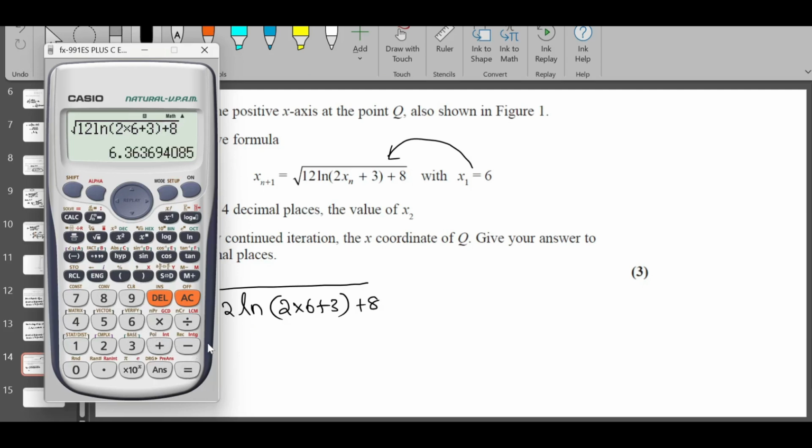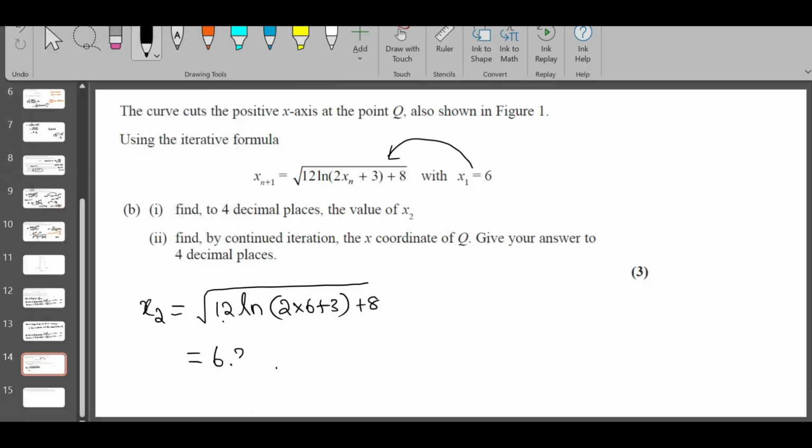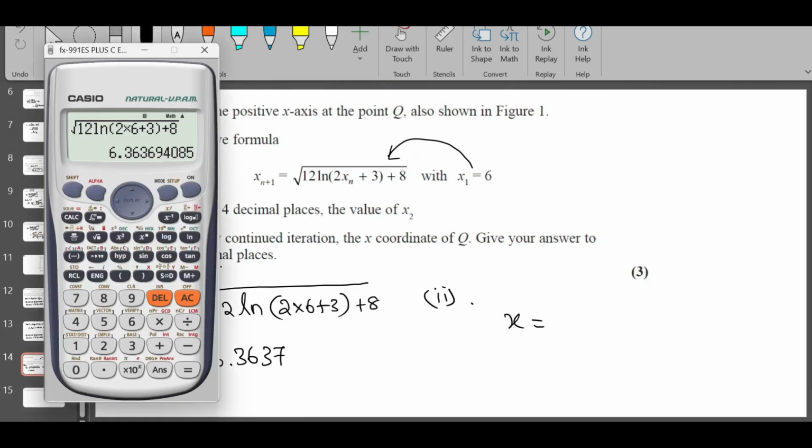They want the answer to 4 decimal places. 6.3637. That's for B1. For the next mark, you can just write the answer by continued iteration. So what I'm going to do, 6 was the x1, right? Now I'm going to go to 6, delete it, I press answer. So the calculator will take the x2 value, the new output, as a new input.